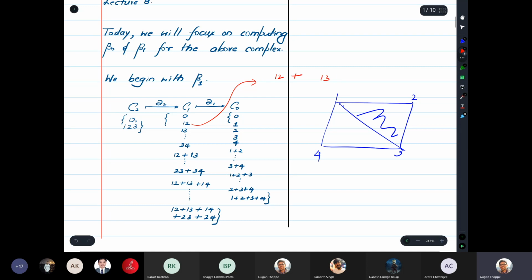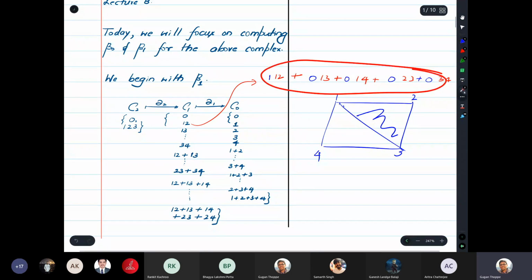So this will be [1 3], [1 4], [2 3] and [3 4], right? So you can think of this as 1 [1 2], 0 [1 3], 0 [1 4], 0 [2 3] and 0 [3 4], right? So you can see that the support of this one chain is 1 because there is only one phase for which the coefficient is non-zero. So that's why the support of this one chain is 1.